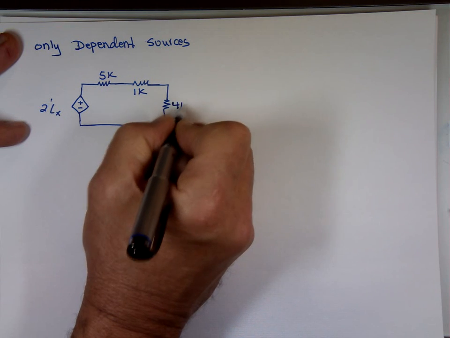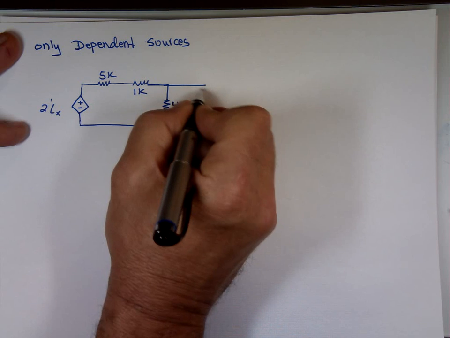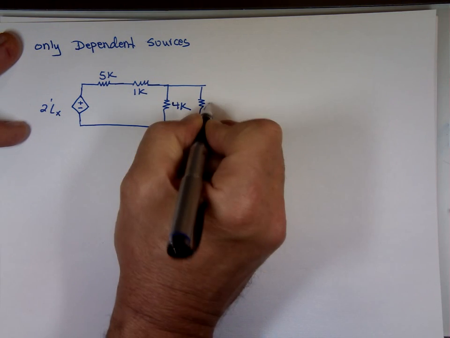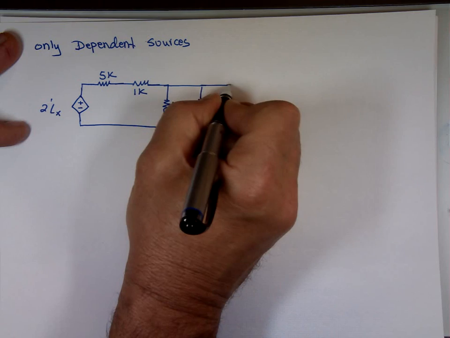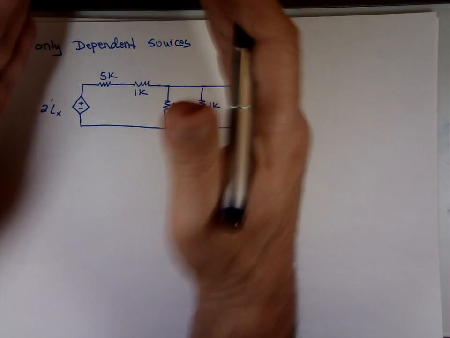I just chopped it there, and there's other stuff to that circuit. I'm just taking this from a different problem. So the circuit is already chopped. There's more stuff there, but I want to find the Thevenin equivalent of this circuit.